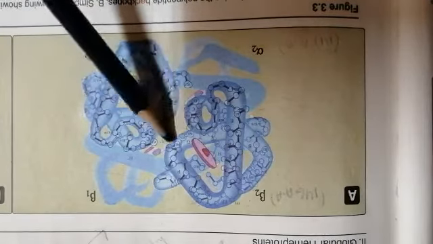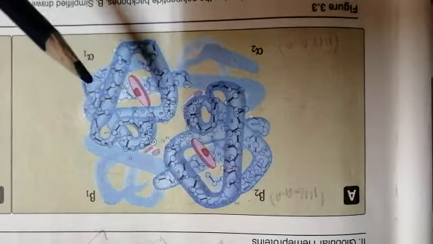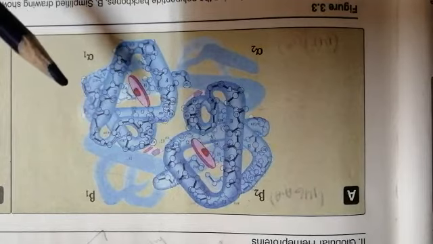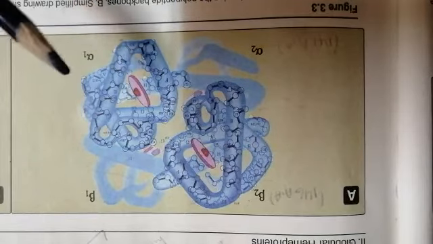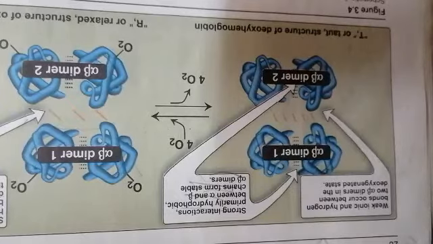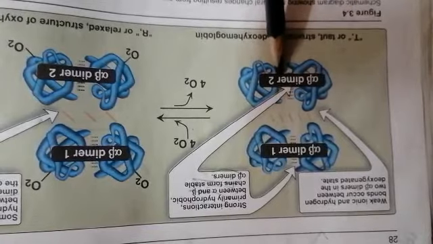And in this space there is a bond that is going to be broken when the hemoglobin gets the oxygen. When there is oxygenated hemoglobin, these bonds get broken. In this way you can see that alpha beta dimer 1 is combined with alpha beta dimer 2.